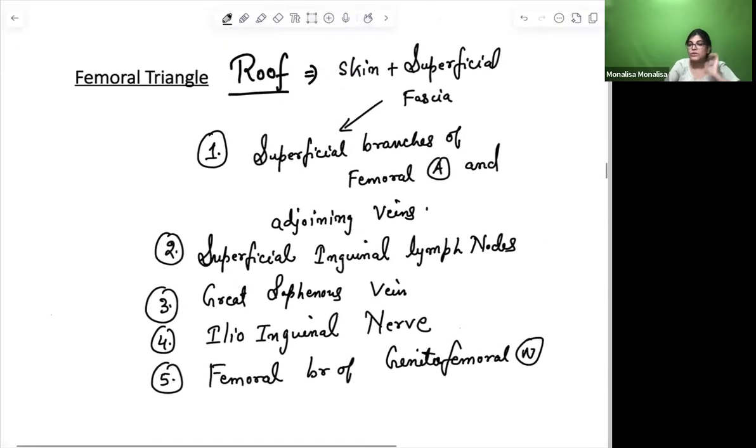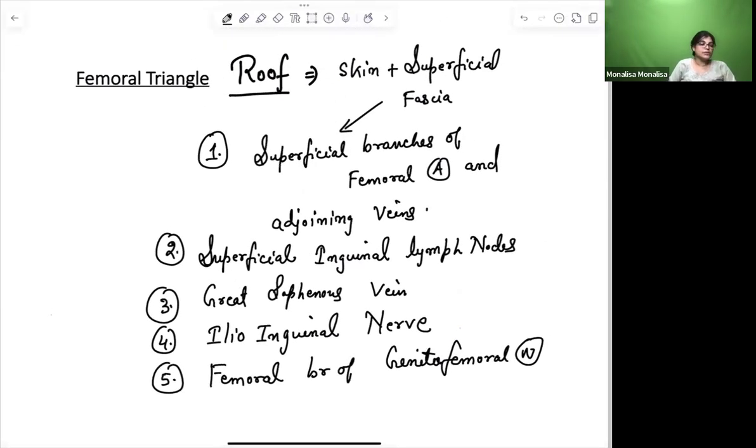So these are the contents of the roof, but we have to separately know the content lying inside.